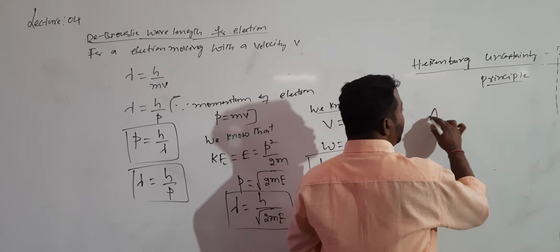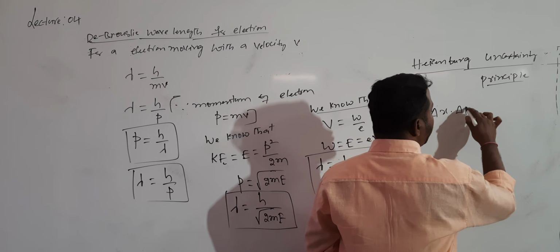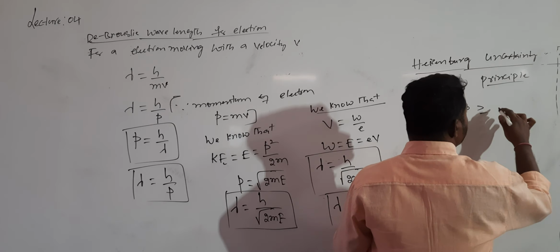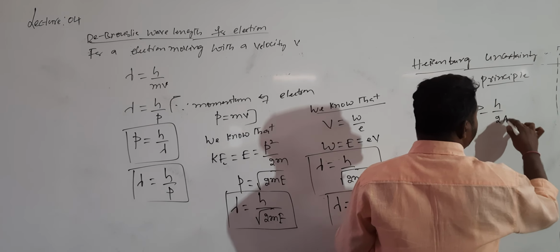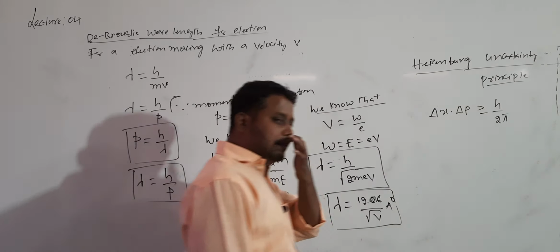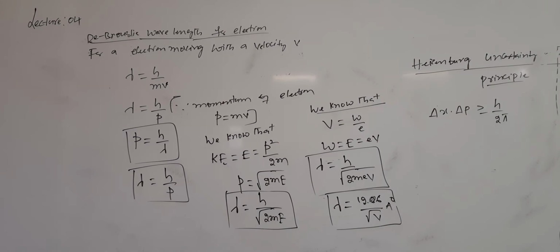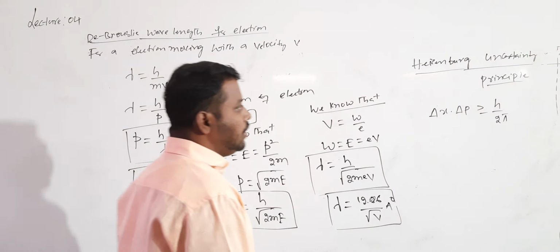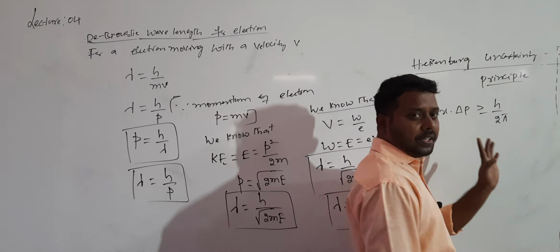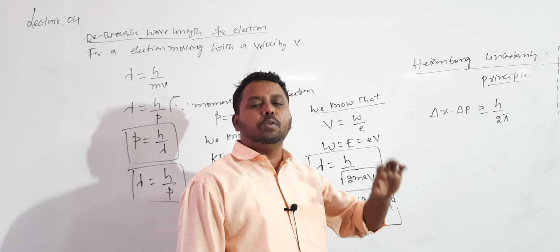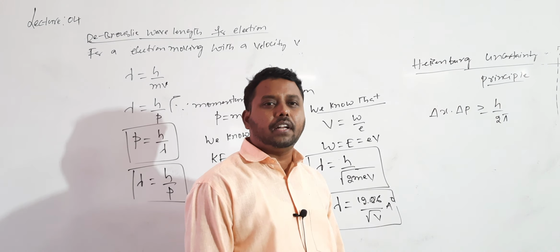So we can write delta x into delta p should be greater than or equal to h by 2 pi. This principle is called the Heisenberg uncertainty principle. It tells us that you cannot locate exactly both position and momentum at the same time.